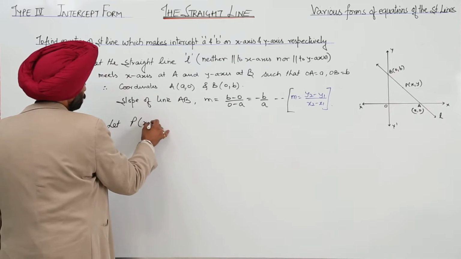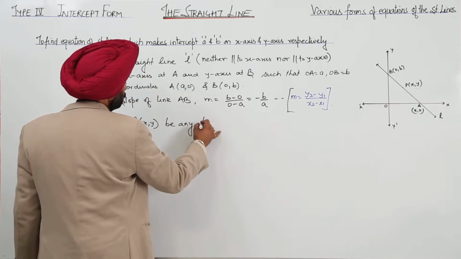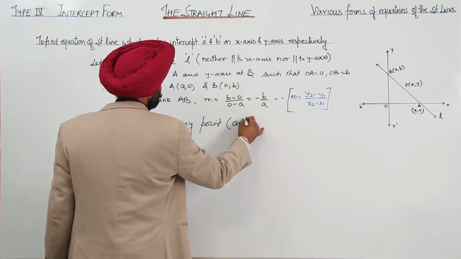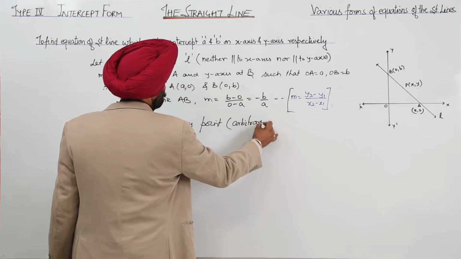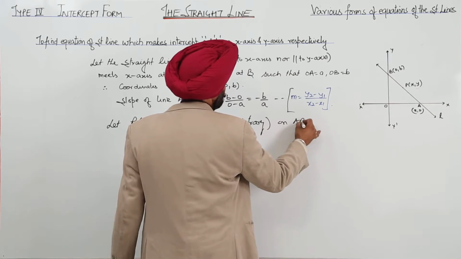Now let P(x, y) be any arbitrary point on AB.